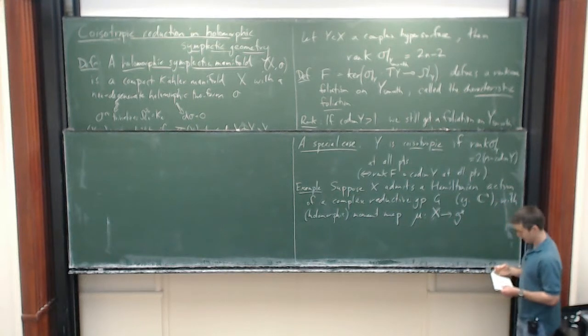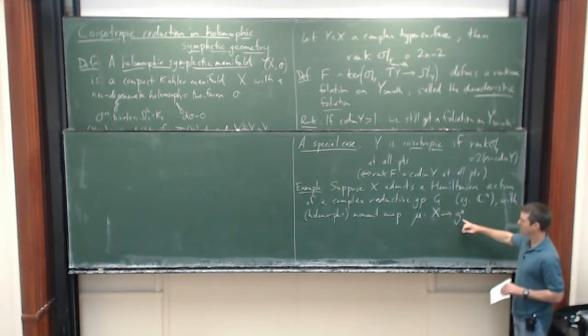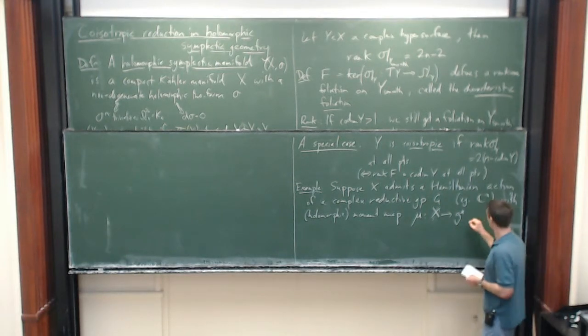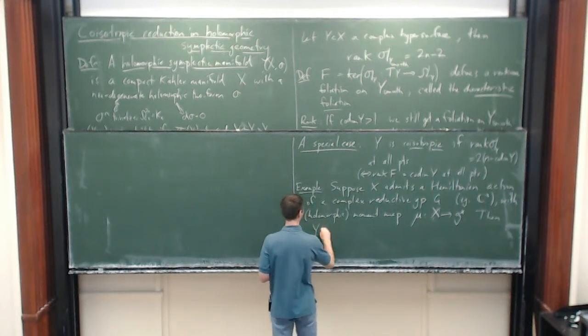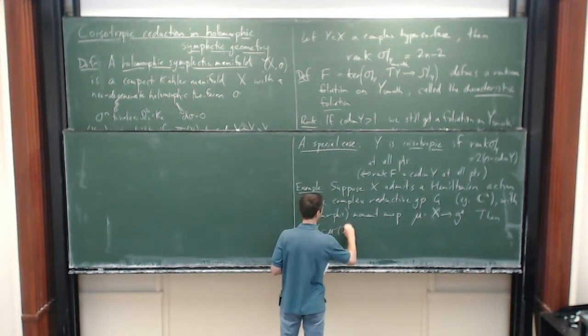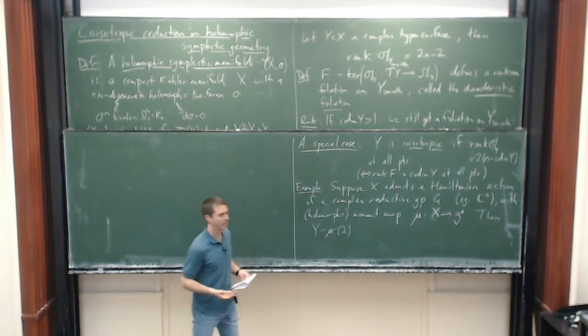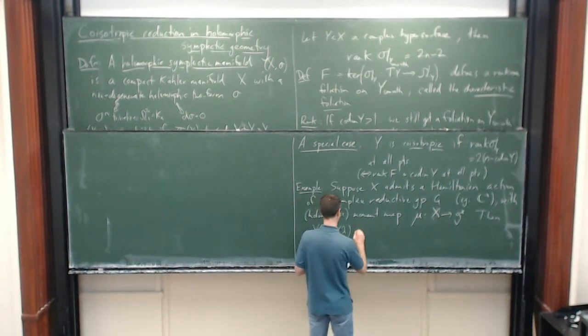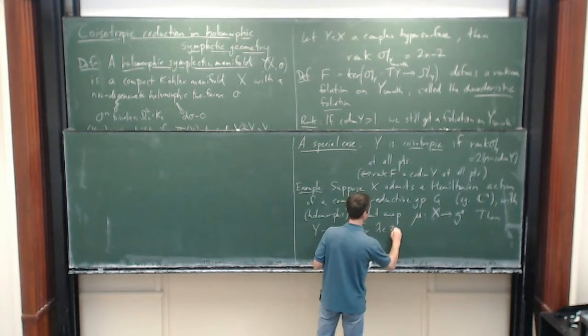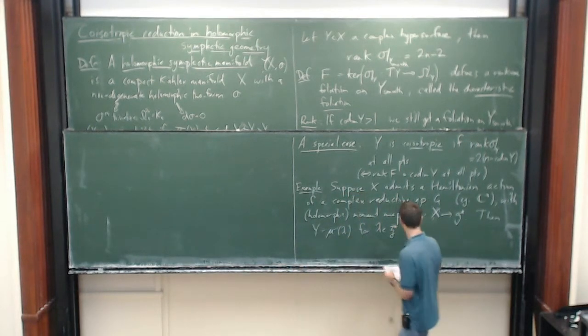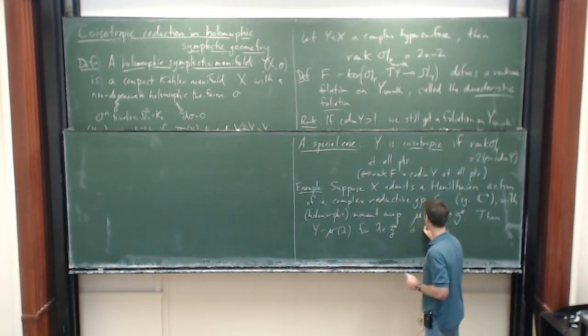And then the level sets of the moment map are going to give coisotropic submanifolds inside X. So you choose lambda to be some value in the center, or the dual of the center, and then this will be coisotropic.